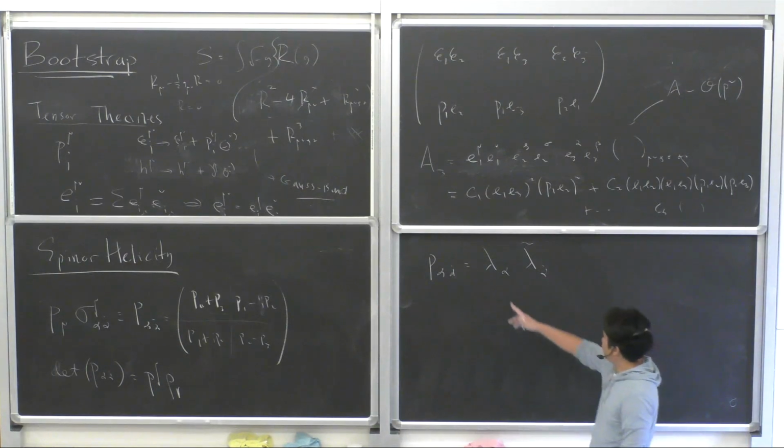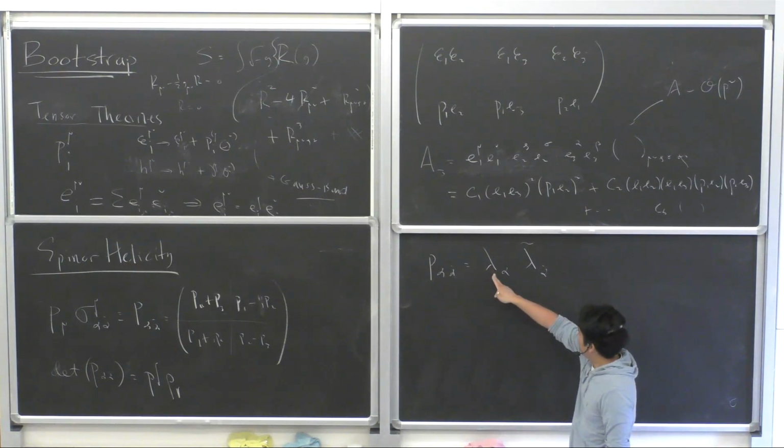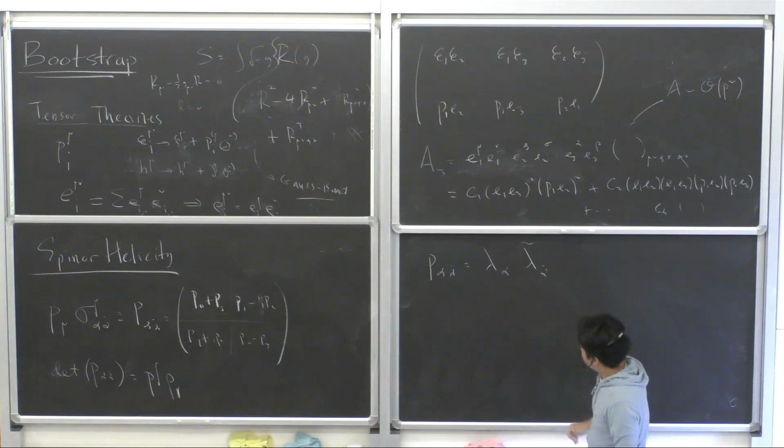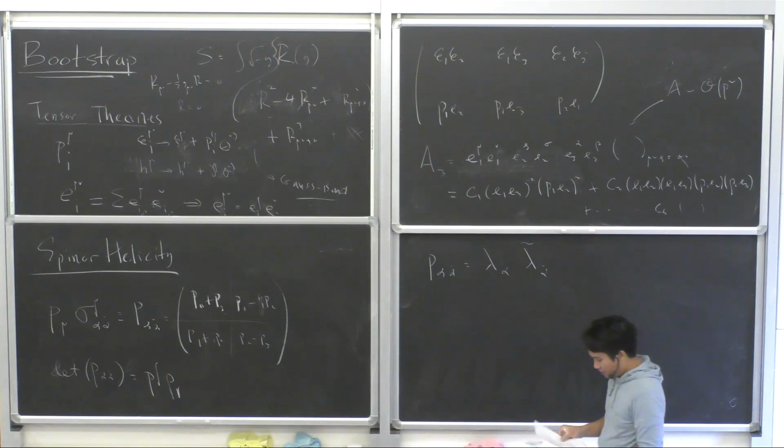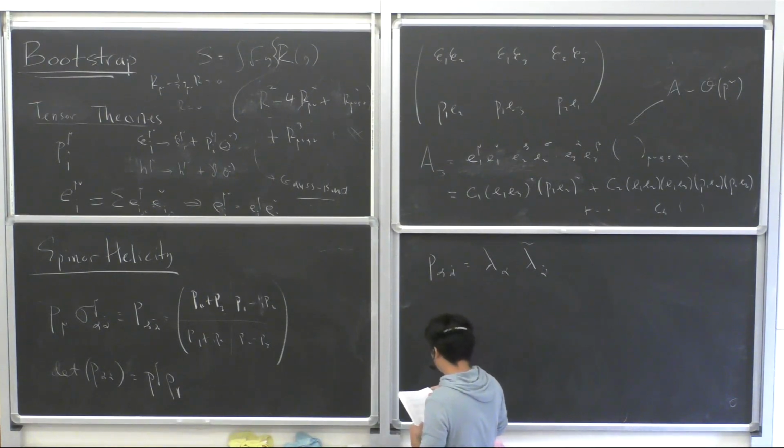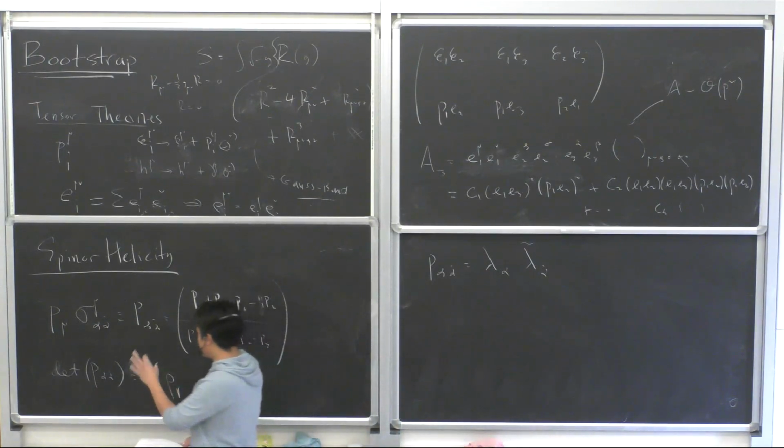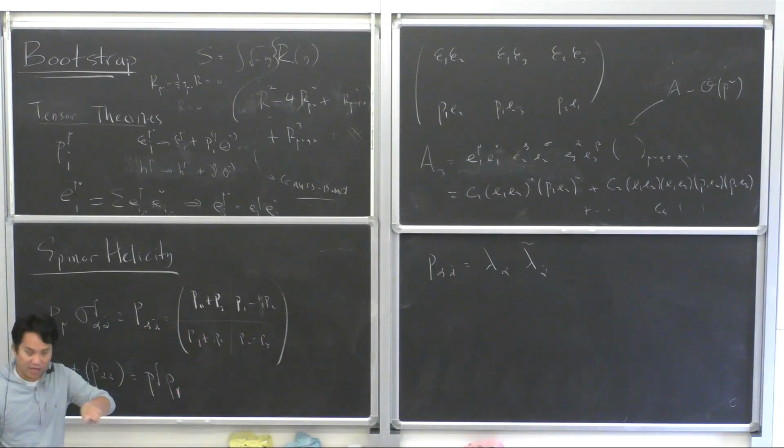These lambdas and lambda tildes are called spinor helicity variables. They are sometimes called angle and square spinors, for reasons that will become clear. That reason is that we can build inner products out of these things. This construction applies to each external leg.